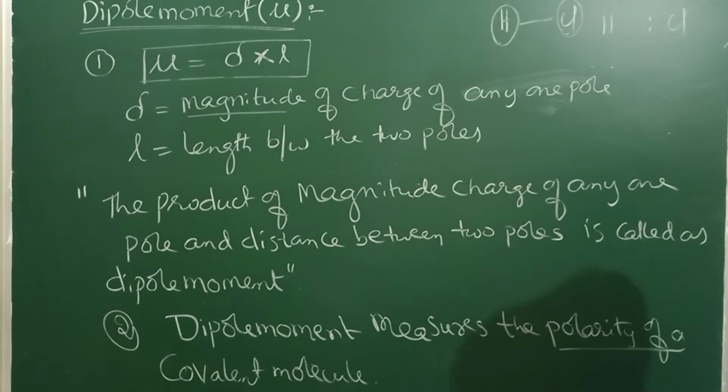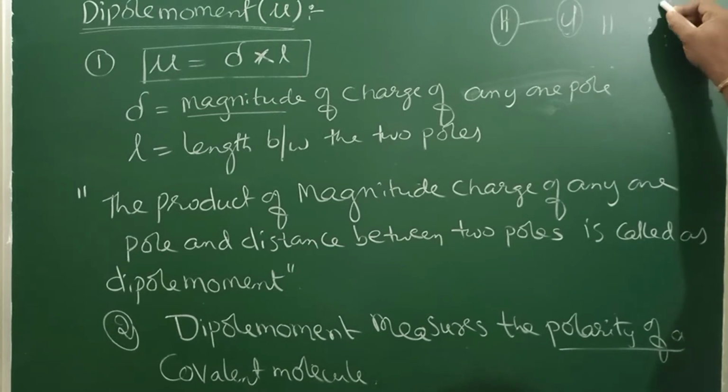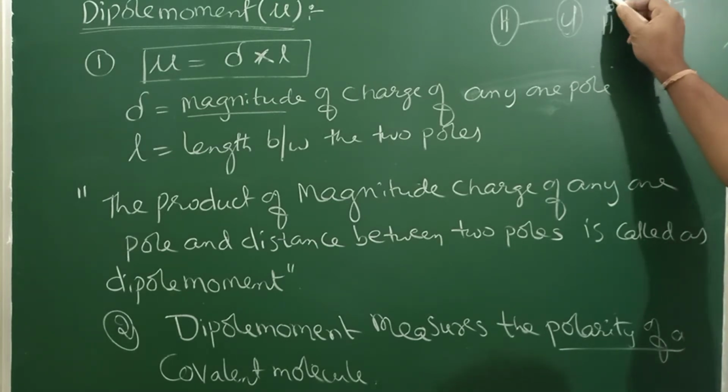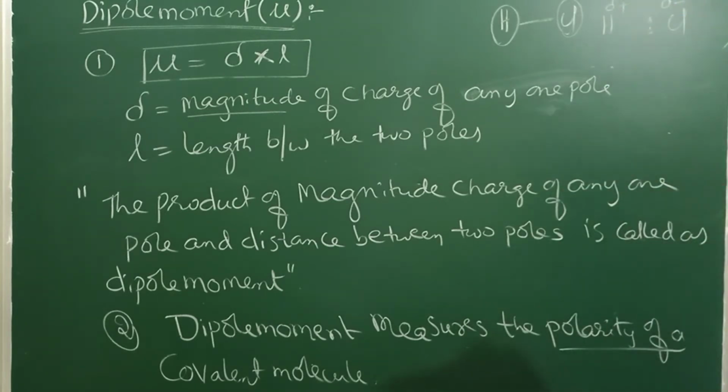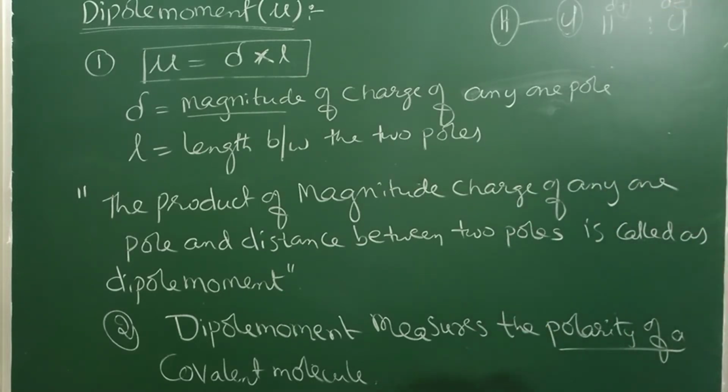So this chlorine gets partial negative charge and hydrogen gets partial positive charge.